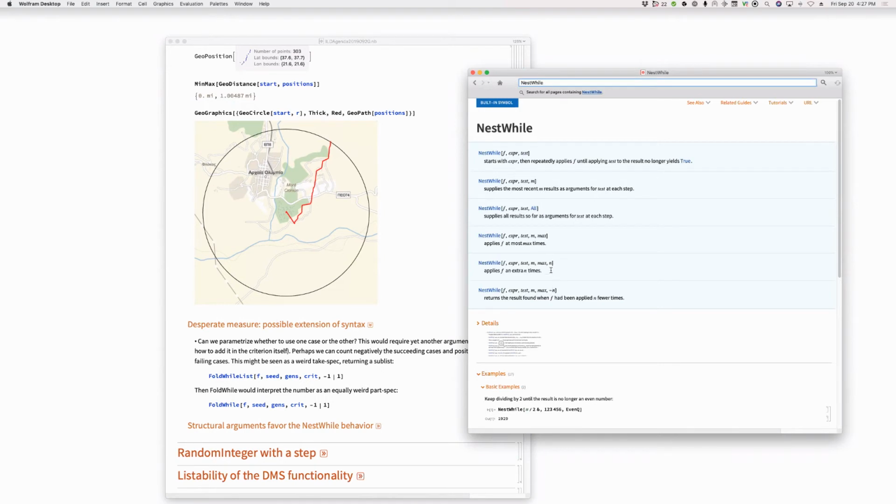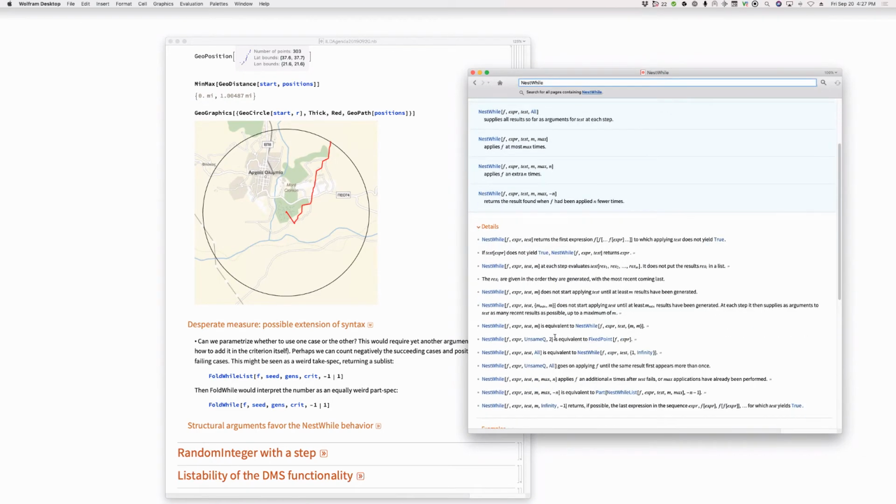That's got an argument exactly like the one you're proposing. An extra n times. So what does that do? I see. I hadn't seen that. That's very good. An additional n times after test fails. But now, okay, so it's equivalent to this. Right, exactly.